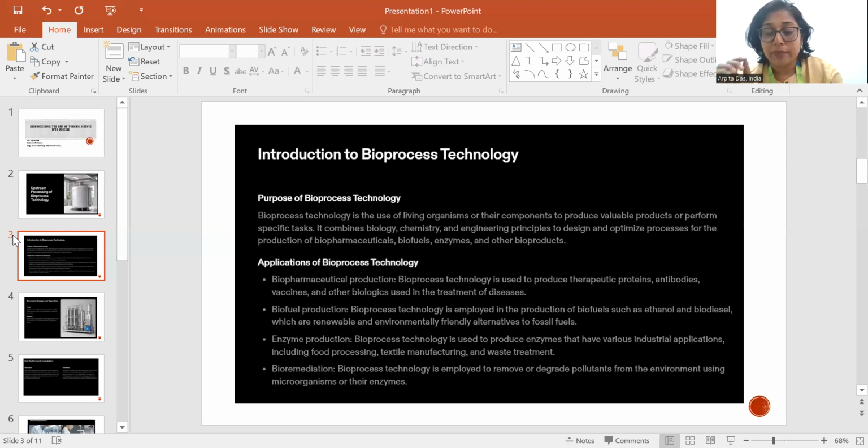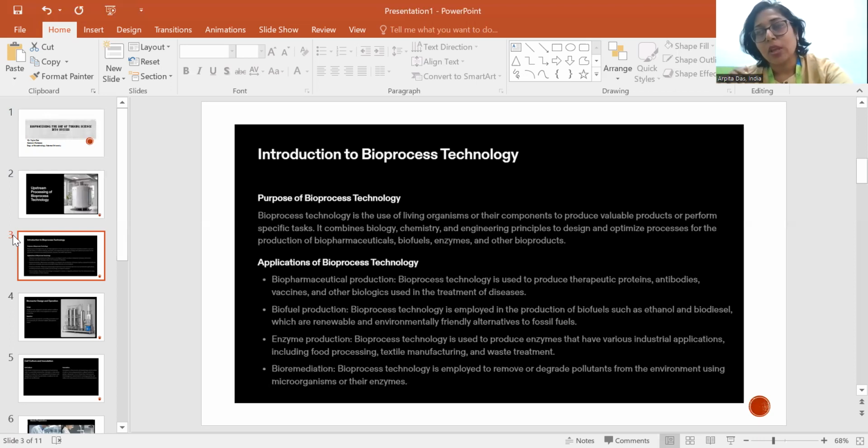So you have to choose your product, or your material, very wisely, so that you can get much profit. So bioprocess technology is concerned about a product. And whenever we are talking about a product, that means at the end, you need to sell the product, and profit will be your high priority. So we have to take care regarding those also.